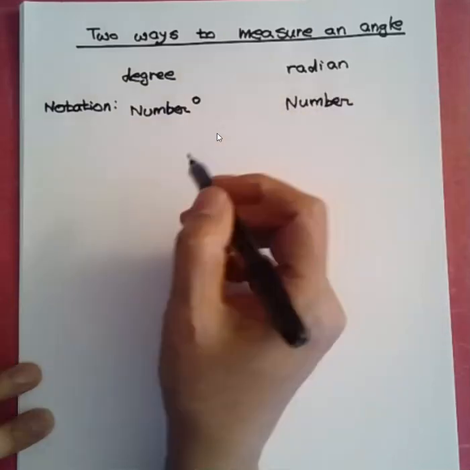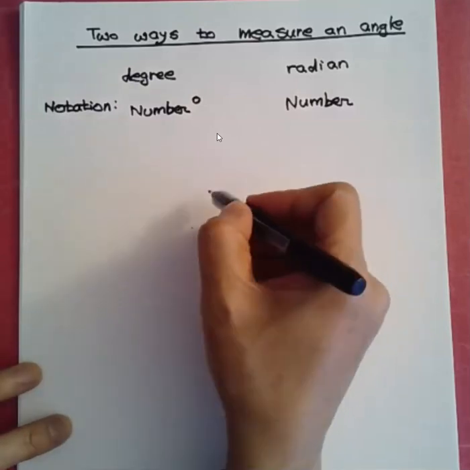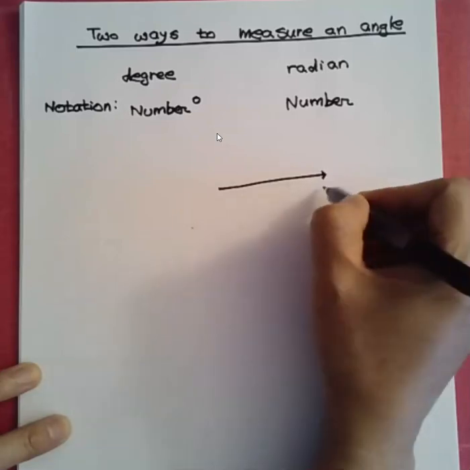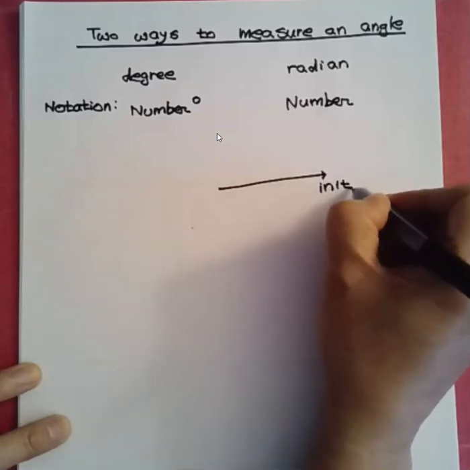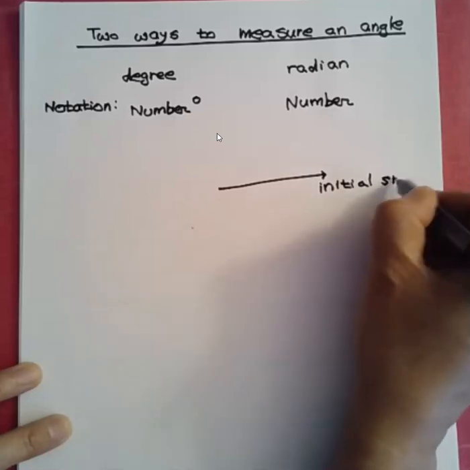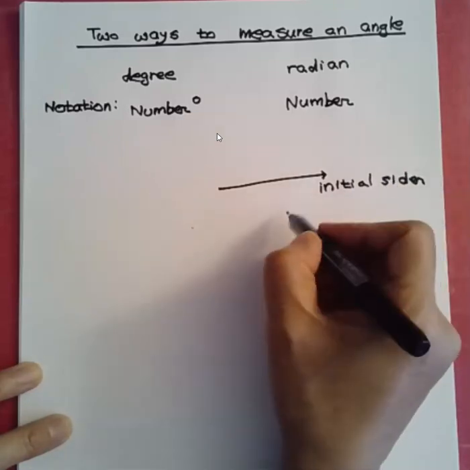Here is the way to measure an angle. Let's suppose that the initial side and terminal side are in the same position.